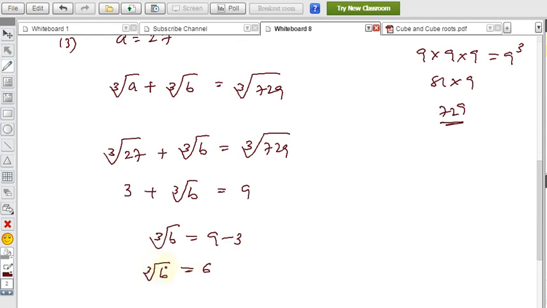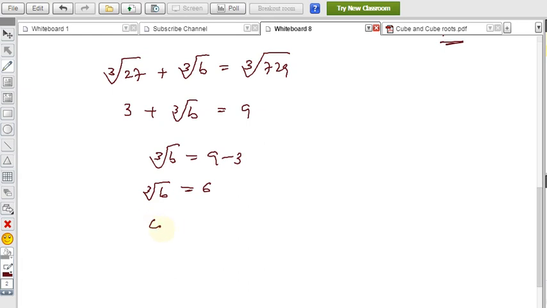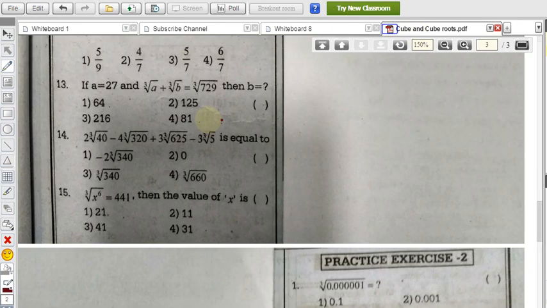Then apply whole cube on both sides. Cubing on both sides, cube and cube root cancel. From this b is equal to 6 power 3, that is 216. Simple question.